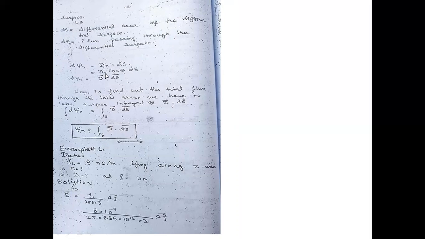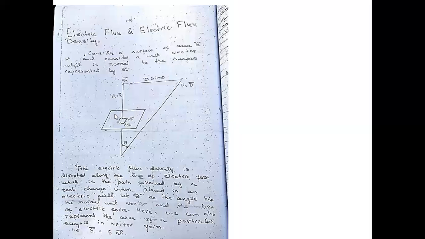As d is also a vector, and the surface is also a vector. We have assumed the surface as a vector and its direction is always perpendicular to the surface.